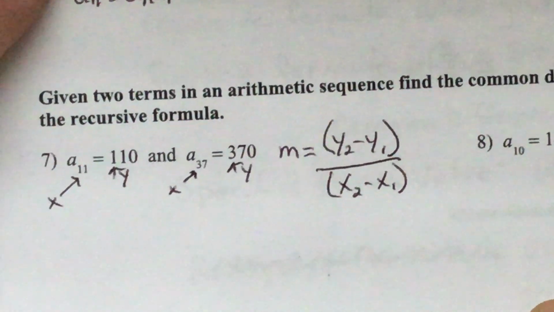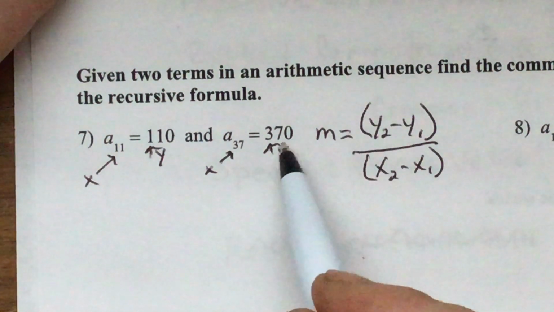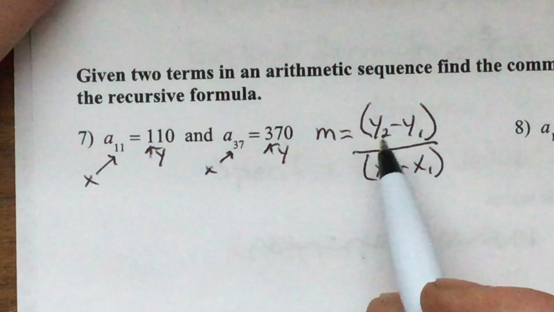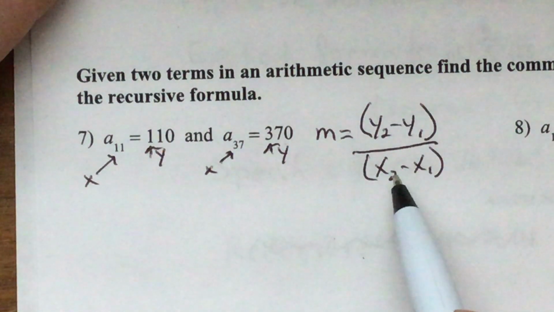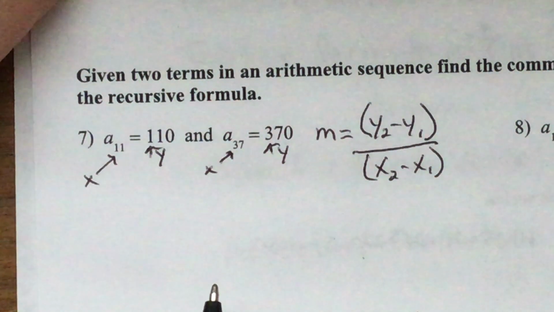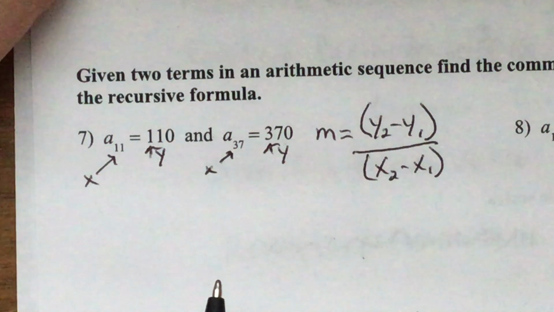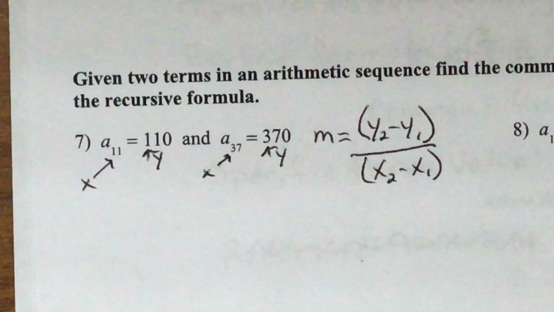So 370 minus 110 goes on top, and 37 minus 11 goes on the bottom. Whatever number you get as an answer, that's going to be your common difference.